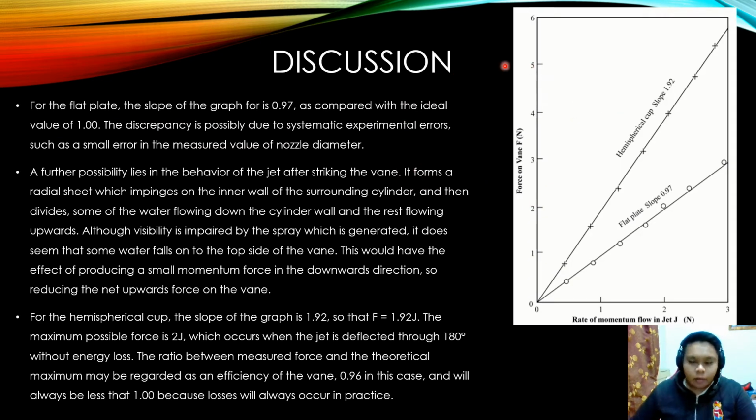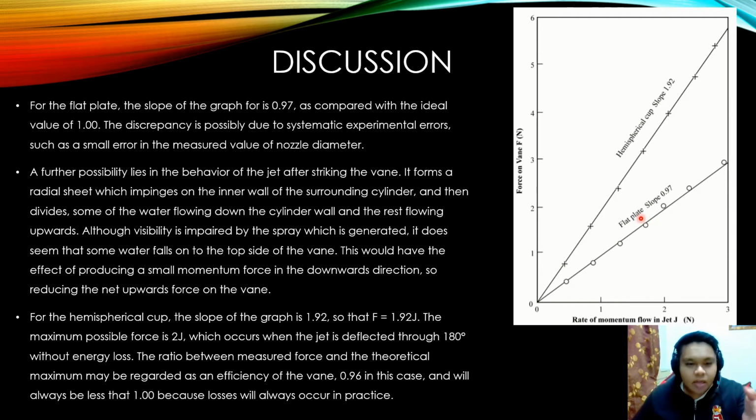So in this graph, we can see that for the flat plate, the slope of the graph is 0.97 as compared with the ideal value of 1. The discrepancy is possibly due to systematic experimental errors, such as a small error in the measured value of the nozzle diameter. And a further possibility lies in the behavior of the jet after striking the vane.